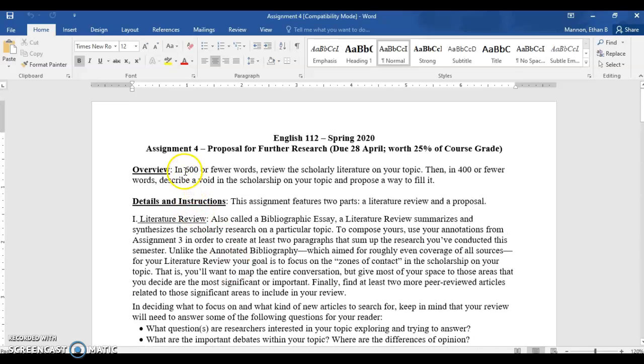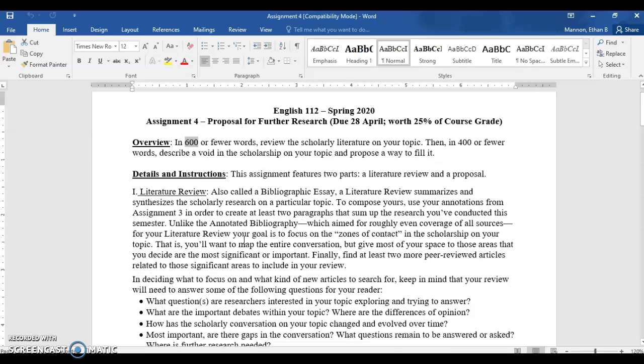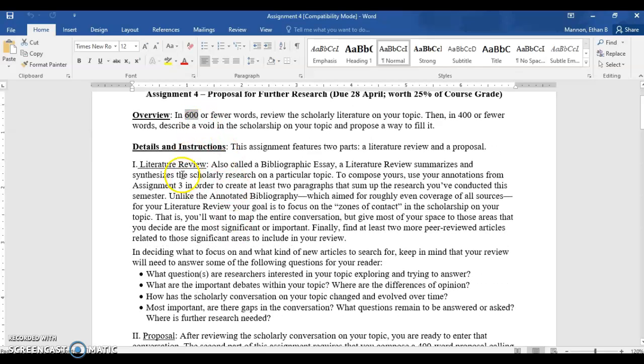You spent way more than 600 words writing your 8 annotations. I'm now asking you to summarize 10 sources using only 600 or fewer words. So you really have to be efficient and concise. Okay, so that 600 words relates to part 1, the literature review, which is also called a bibliographic essay.